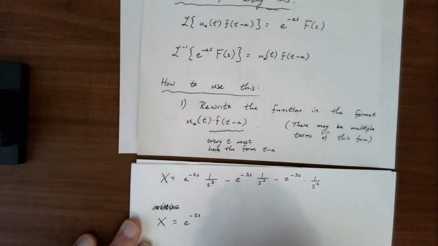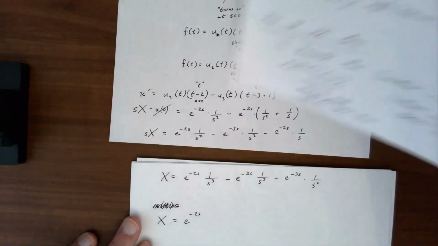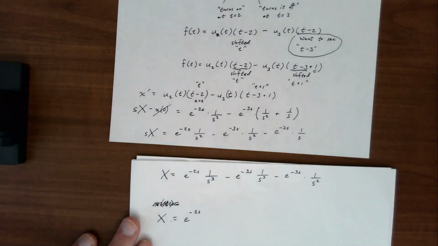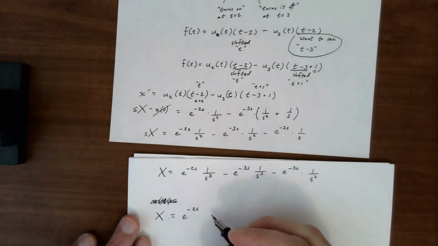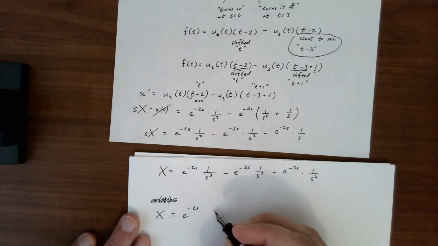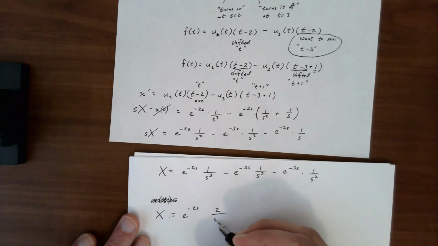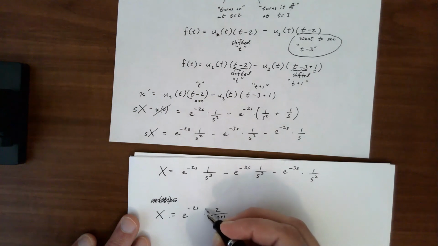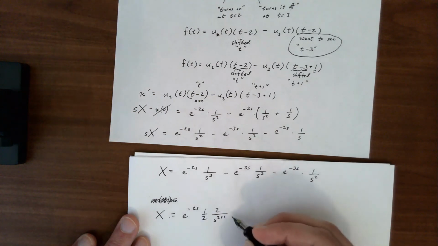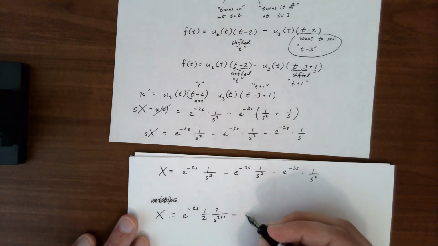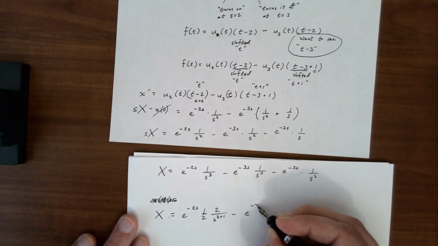So here, if I wanted this to fit in the format that is easy to take the inverse Laplace transform of, I would want there to be ideally a 2 on the top. So it's 2 over s to the 3 plus 1, and that's just going to be, in order to balance the books, times 1/2. Minus e to the negative 3s.